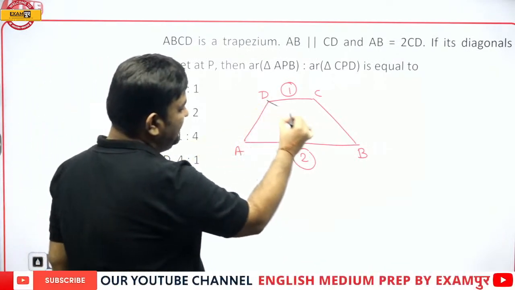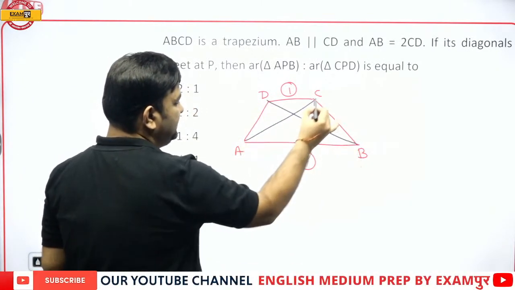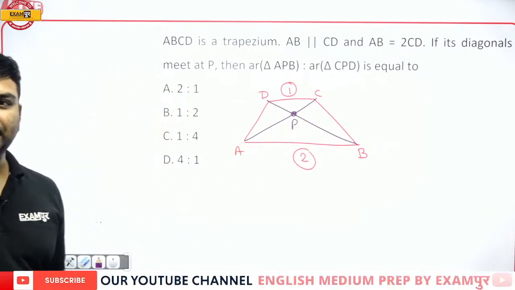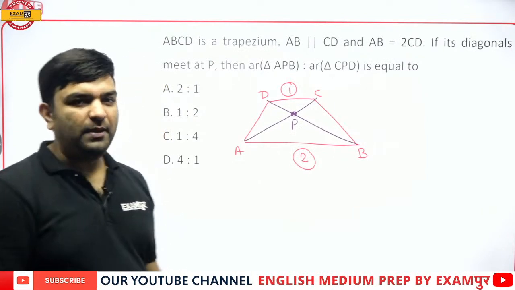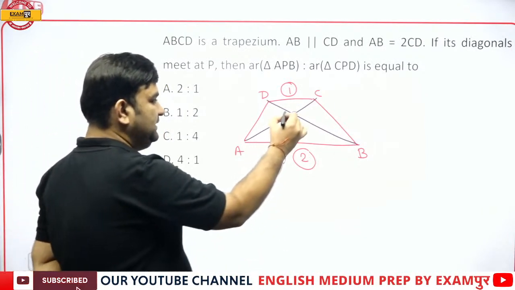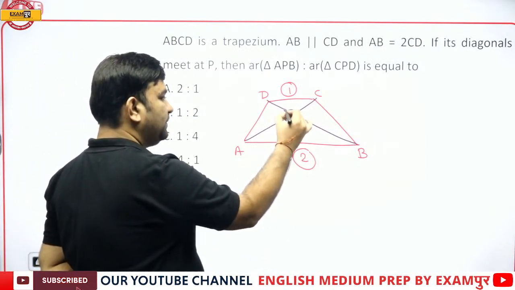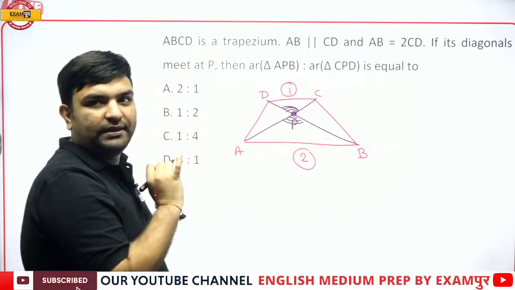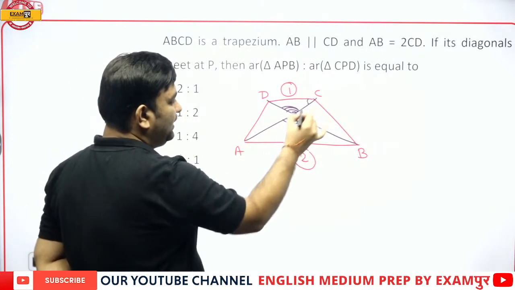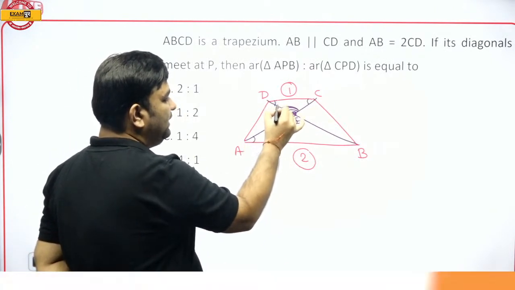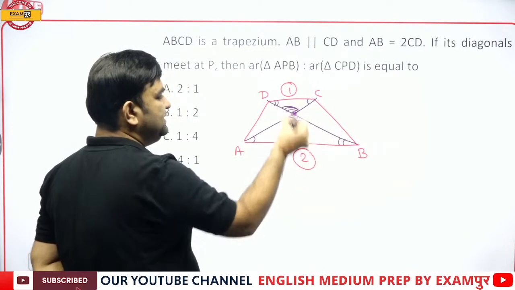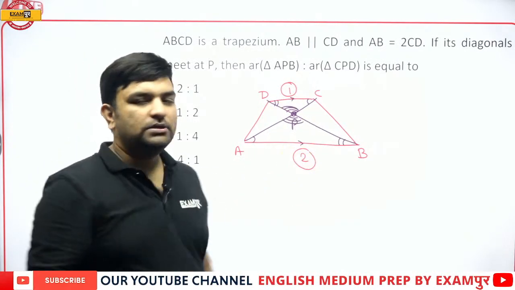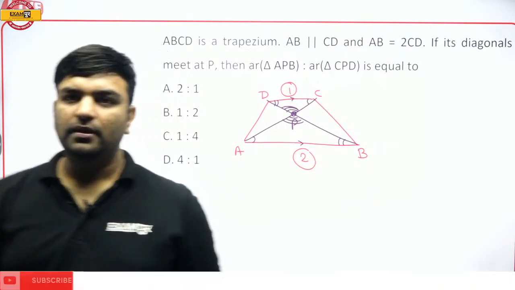If the diagonals meet at point P, what is the ratio of the area of APB to CPD? Guys, these triangles are similar. Vertically opposite angles, alternate interior angles, because these two lines are parallel. So the triangles formed are similar.